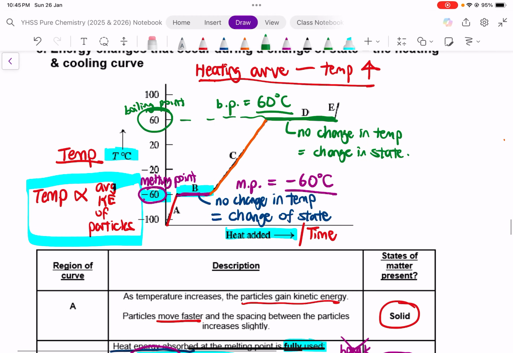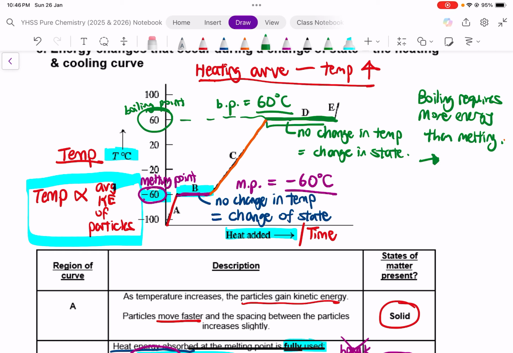Now, besides that, from this graph, we can also tell that boiling requires more energy than melting. You can tell from this graph that boiling requires more energy than melting because from the length of the line segments of B and D, region D, which is boiling, occurs over a longer period of heating.